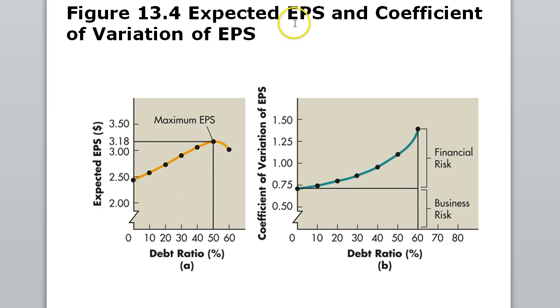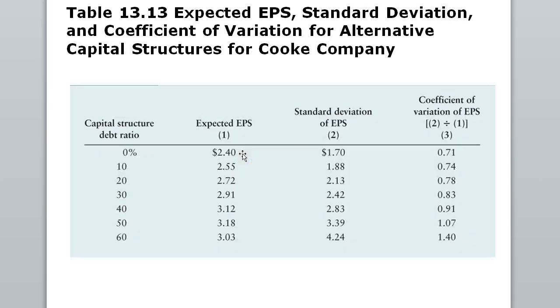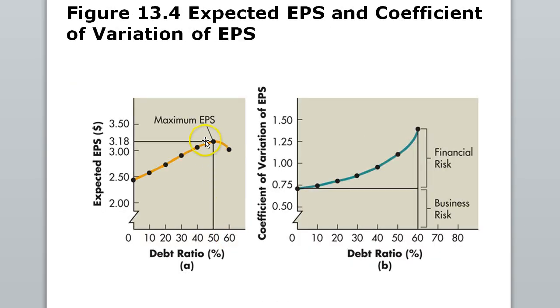Now, as far as the expected earnings per share and the coefficient of variation of earnings per share, at a 50% ratio we have the highest level of earnings per share at 318, which I was pointing out back here. This 318 at 50% debt. So if we plot that on the scale, we see that this is optimal.